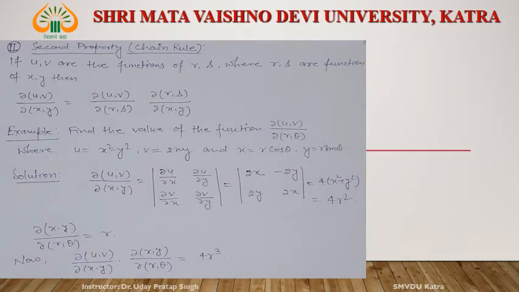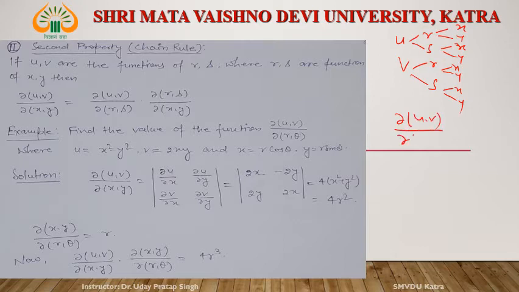Next, what is the second property? The second property is the chain rule. It means if u and v are functions of r and s, and r and s are functions of x and y, then what is the Jacobian of u, v with respect to x, y?